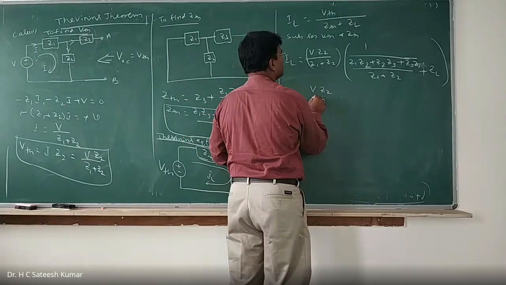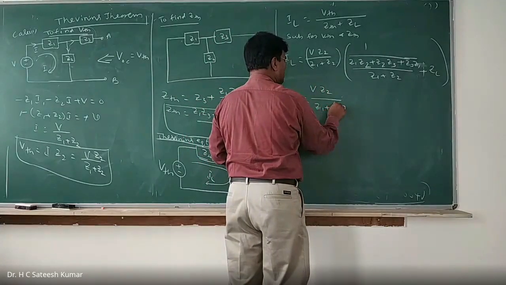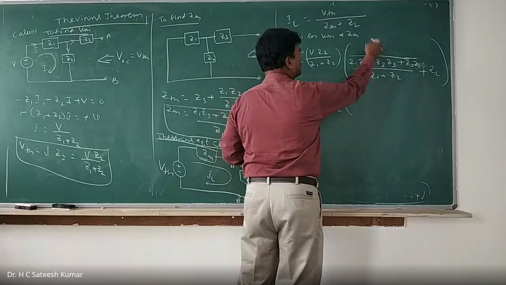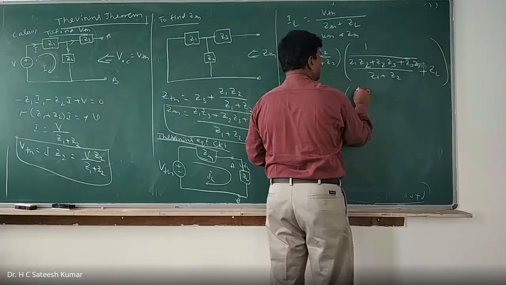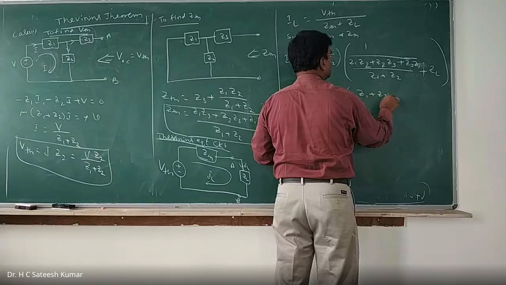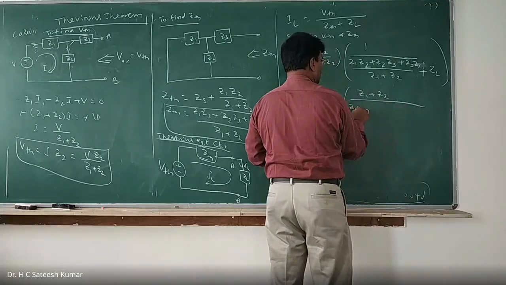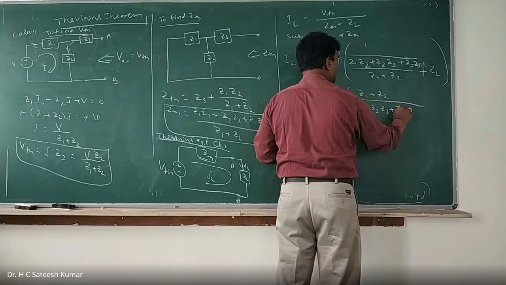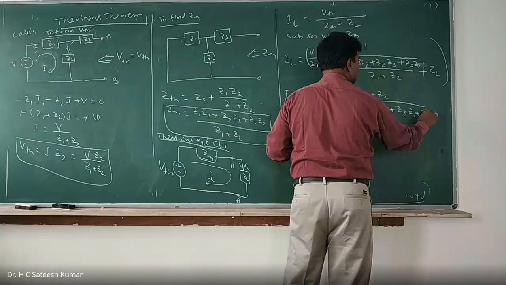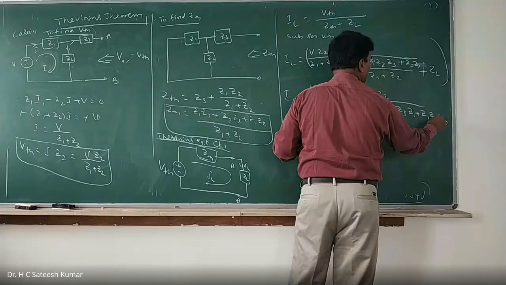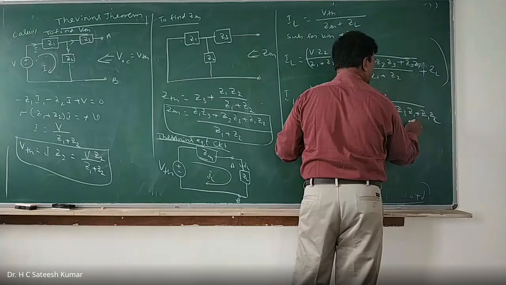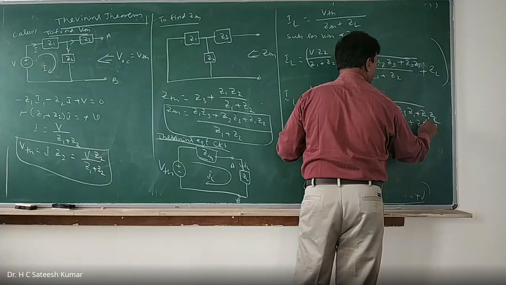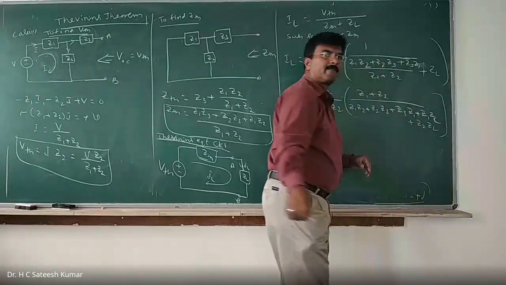Now, IL is equal to, take the LCM, V Z2 divided by Z1 plus Z2. This Z1 plus Z2, after taking the LCM, will go to numerator. Z1 plus Z2 divided by Z1 Z2 plus Z2 Z3 plus Z3 Z1 plus Z1 ZL plus Z2 ZL. Okay.